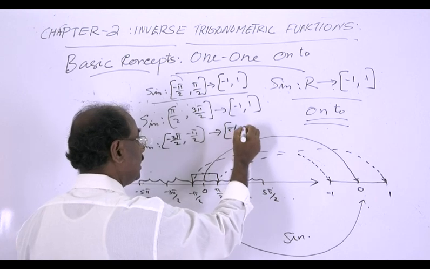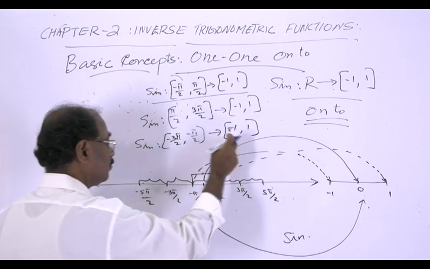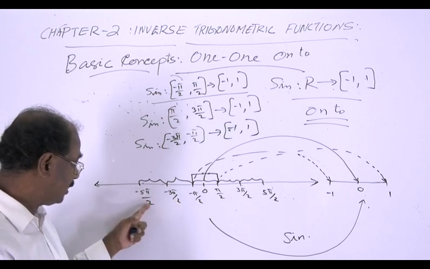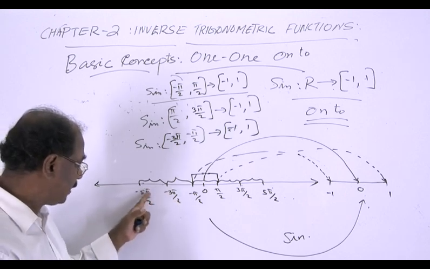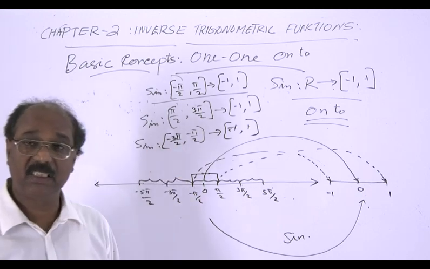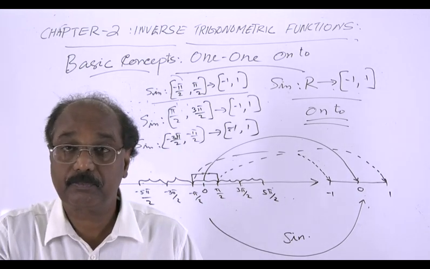In the interval -5π/2 to -3π/2, the same situation, it is one-one and onto.